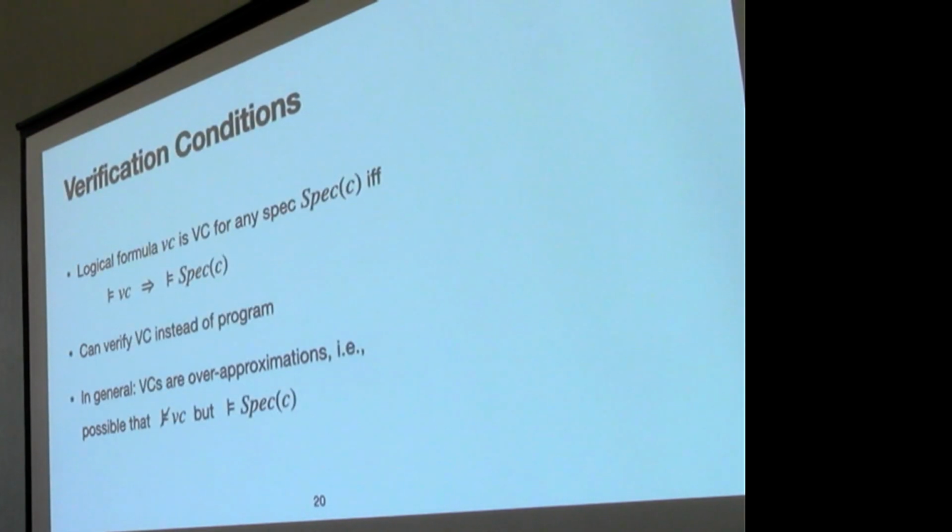And the verification condition here is just some logical formula with the property that as soon as this formula holds, then we know that the program specification that we actually want to prove also holds. So that means that we can verify the verification condition instead of the program. And in general, these VCs are over approximations. So it could be the case that your verification condition is false, even though your spec is correct. So we have to be careful to take this into account.